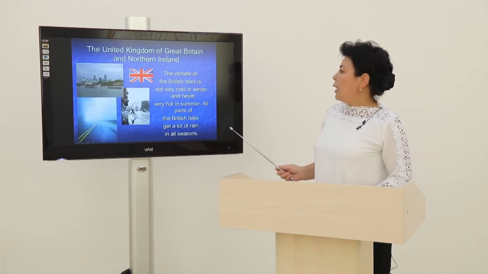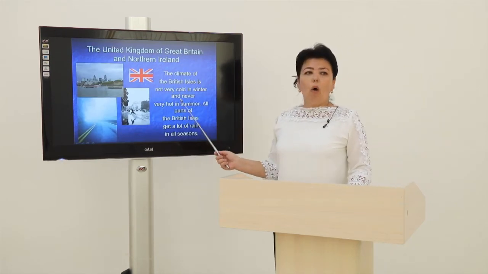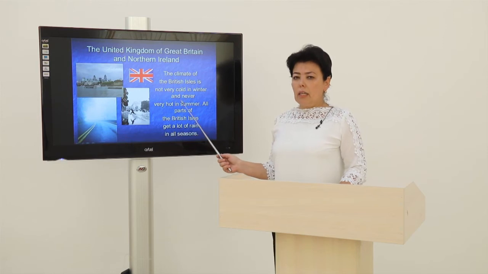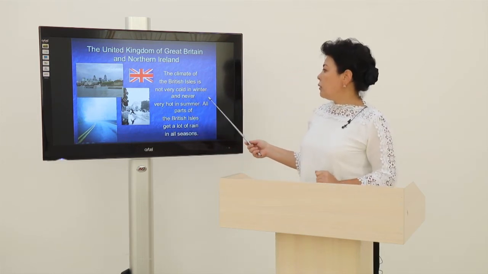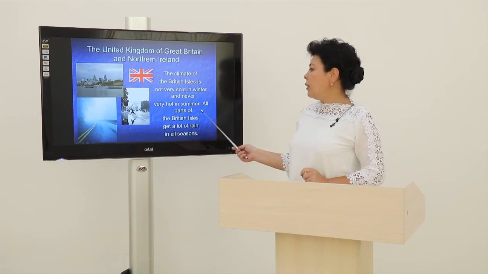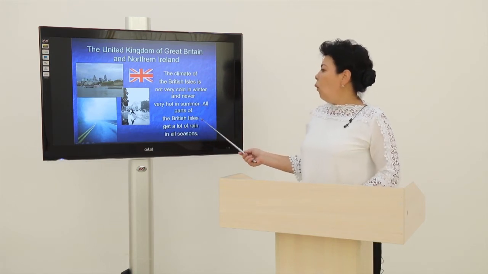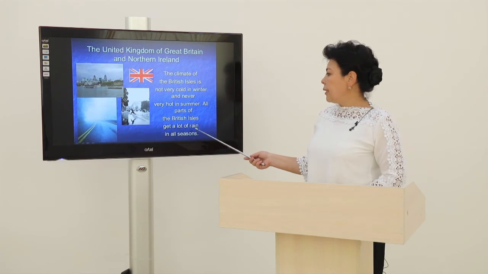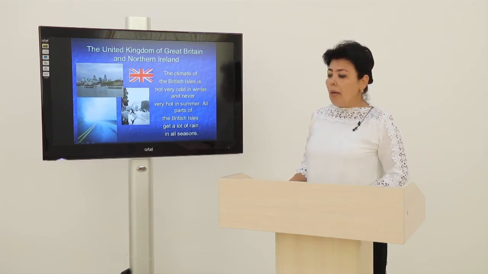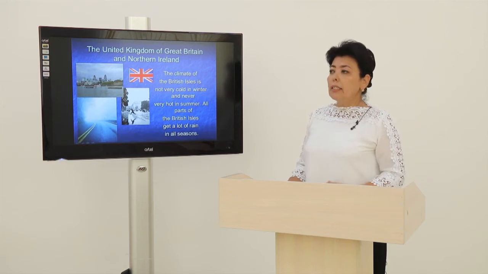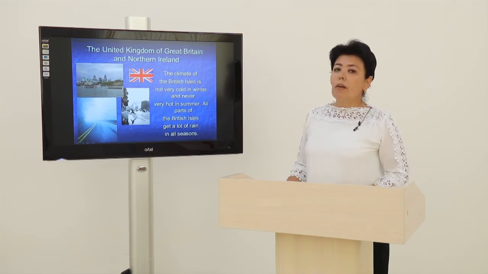Now, when we talk about the climate, there is a lot of rain in this territory. The climate is not very cold in winter and not very hot in summer. All parts of the British Isles get a lot of rain in all seasons. That's why when people meet, the first question is, what is the weather like today?